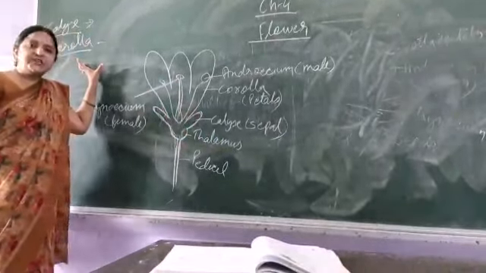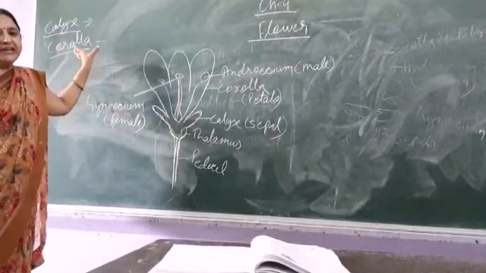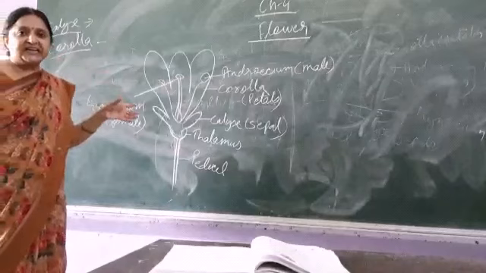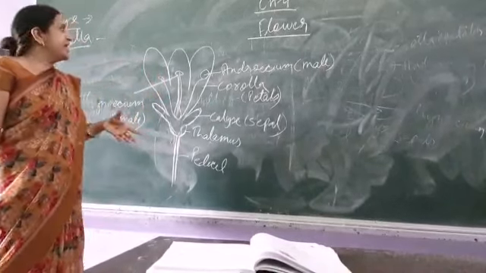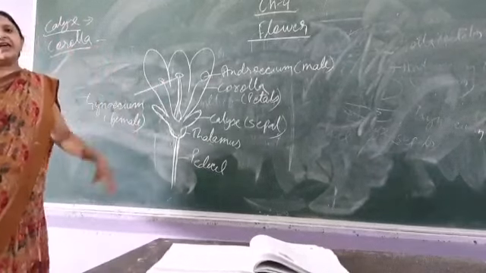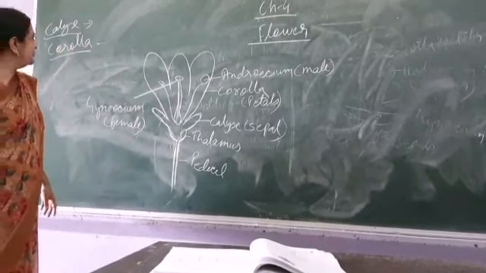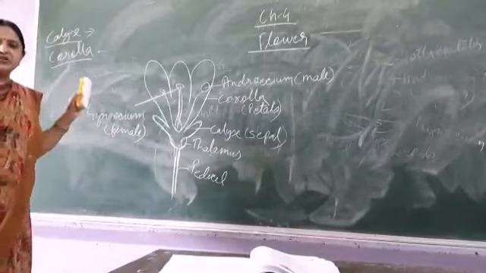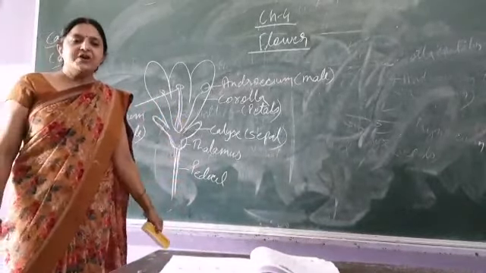This transfer of pollen grains also takes place by insects, and for attracting insects, the corolla helps. Now, these two parts are non-essential because they only help in the process of reproduction.